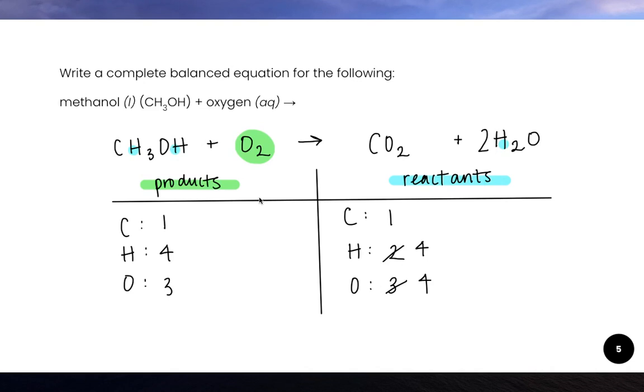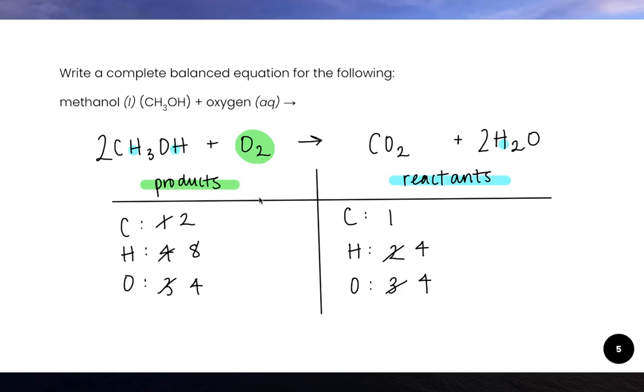So let's add a 2 in front of methanol. So now we end up with 2 carbons over here, 8 hydrogens, and now we have 4 oxygens. So you see, we're kind of back where we started, where we're almost balanced, but these hydrogens are messing us up.